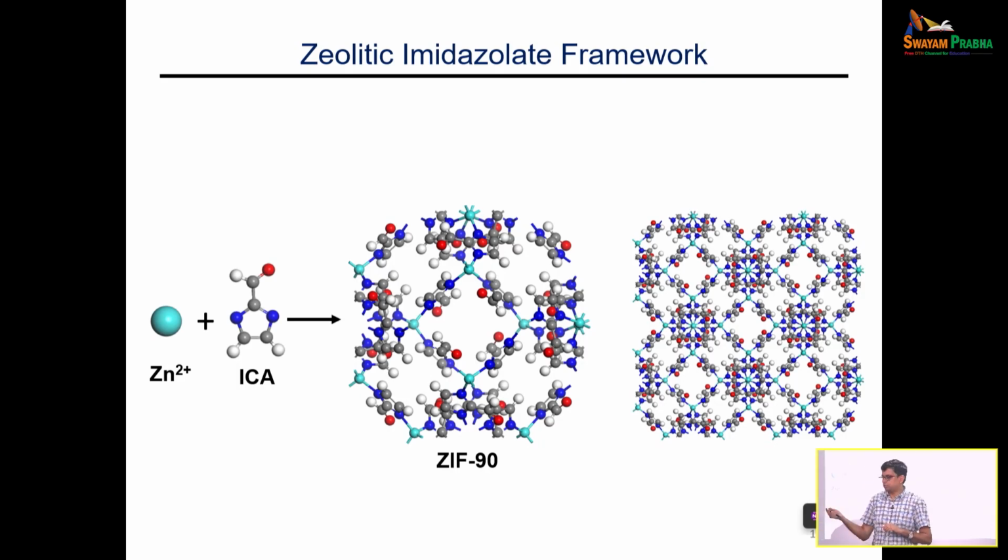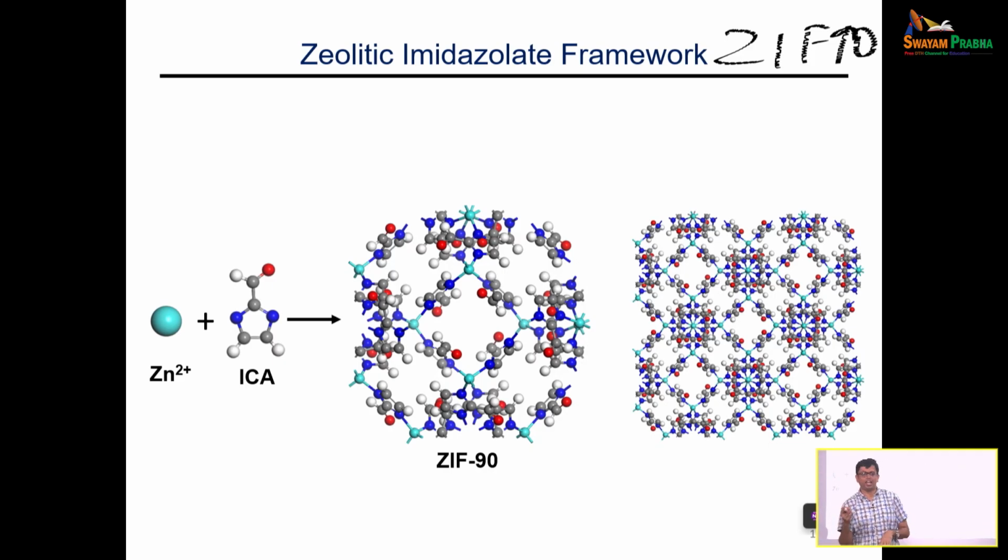So if you change the metal and if you change the linkers, you can make literally millions of them, and I think millions have already been made or at least predicted. The example that I am showing you is one particular MOF, and it's called ZIF 90, and ZIF stands for zeolitic imidazolate framework. It is a class of MOF.